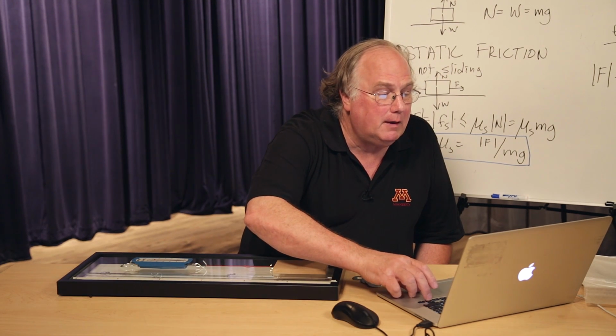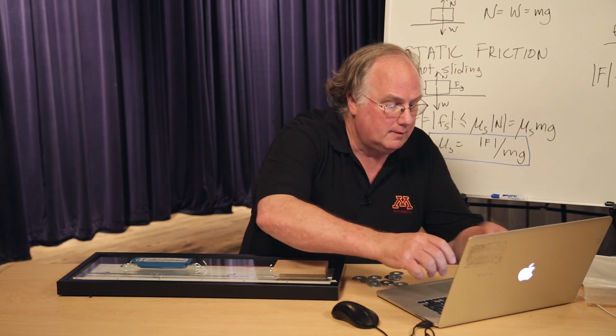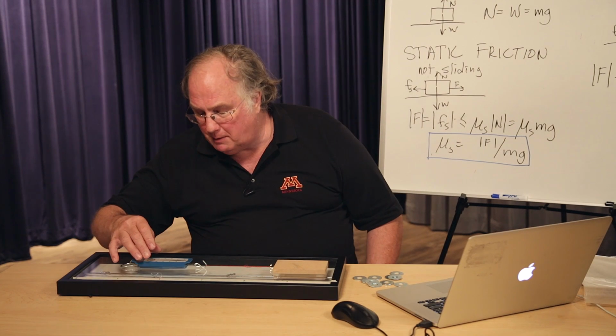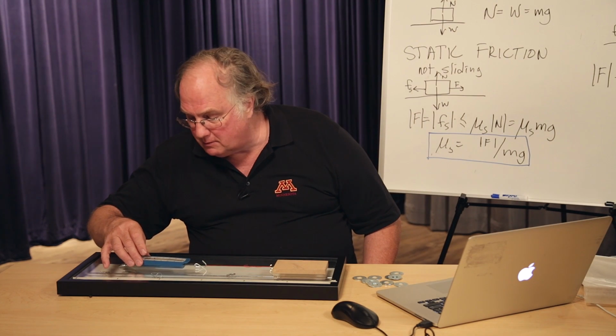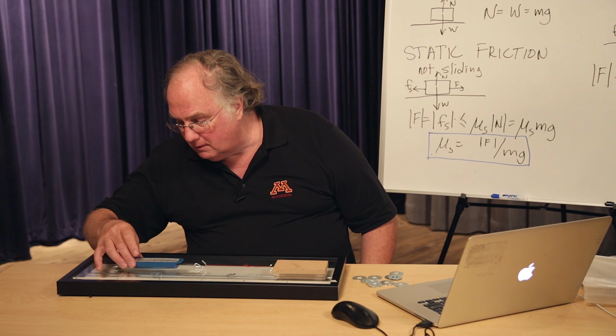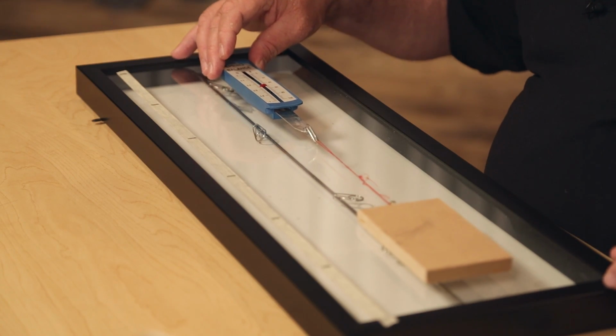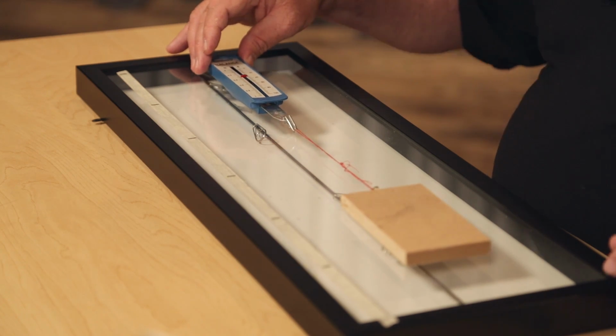So I make another column. This one is glass. The mass, we're back just to the mass of the sled. What's the force on here? You'd kind of naively expect it to be a bit less because this is smoother, but let's see what happens. When I start pulling, I get a force around 0.5.